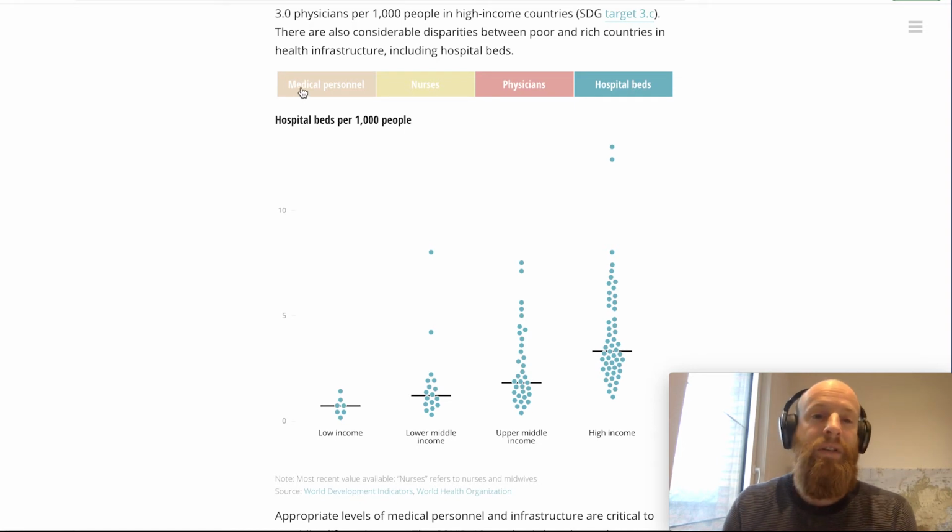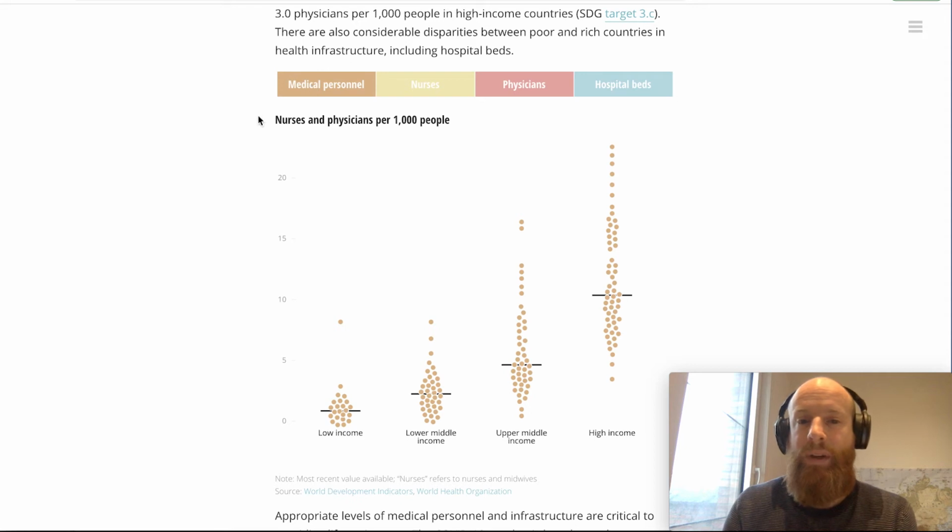In this case, it didn't really matter much because when you only see the first chart, the medical personnel chart, you already are getting the key message of the data.